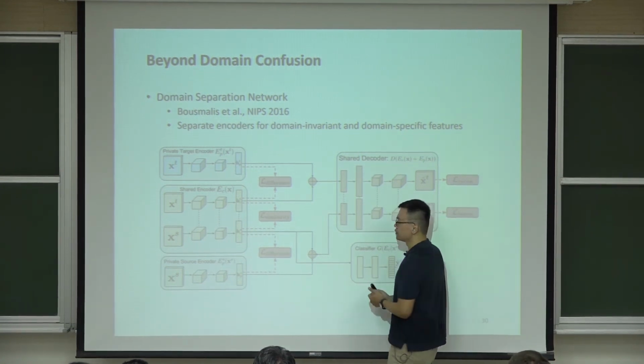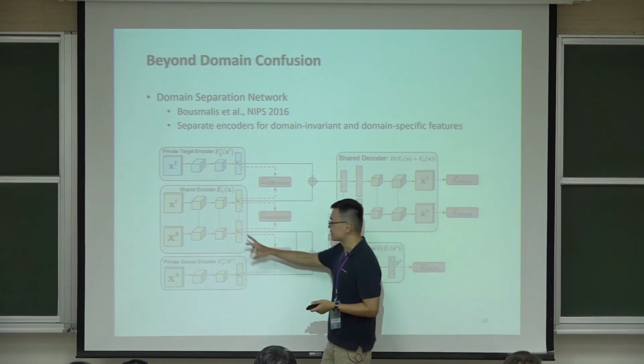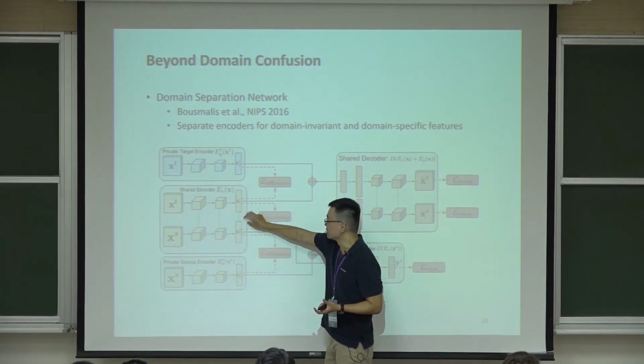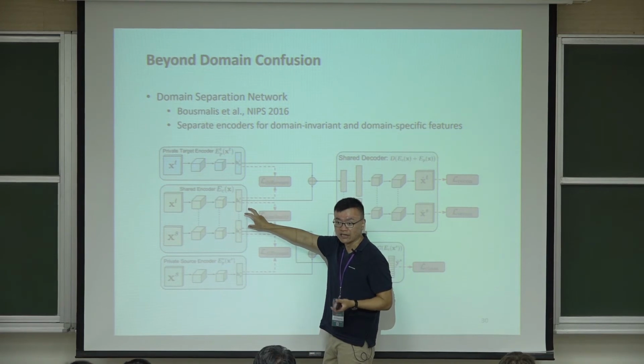So once you have these features, what would you want to do? Well, if you have photos and sketches of the same person, of the same identity, you want these two features to be as close to each other as possible. It's just like the contrastive loss, right?